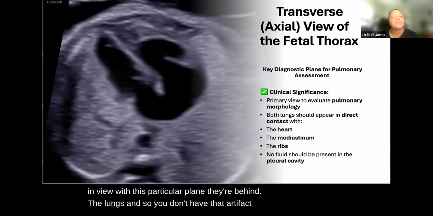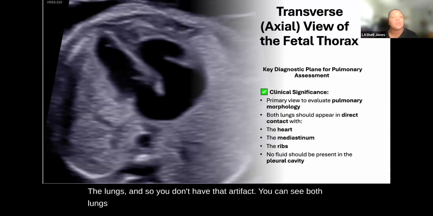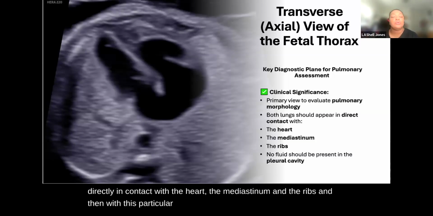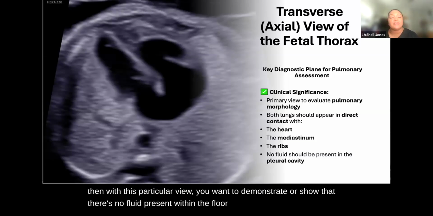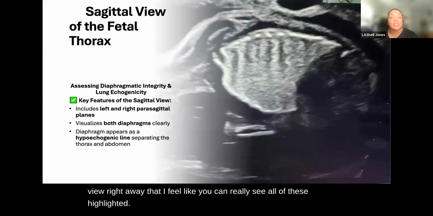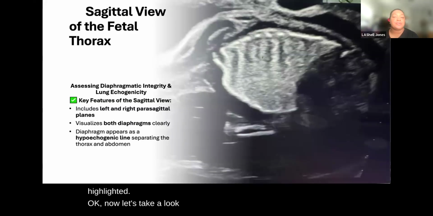You can see both lungs directly in contact with the heart, the mediastinum, and the ribs. And with this particular view, you want to show that there's no fluid present within the pleural cavity. Okay, so this is the ideal view, where you can really see all of these highlighted. Now let's take a look at the sagittal view.